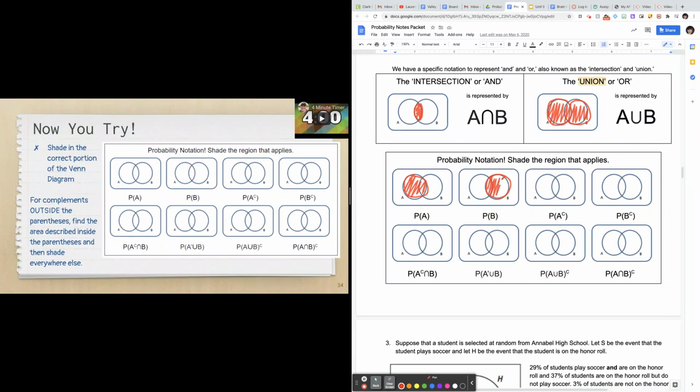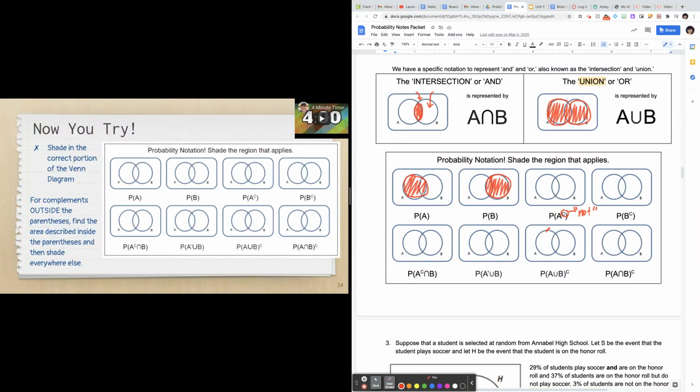So if I wanted to find the probability of this whole event using a Venn diagram, I would have to add up this part, which is only B, and then the intersection part in the middle, okay? Now, if you recall from a couple probability videos ago, this little C right here stands for complement, and it literally translates to the word not, okay?